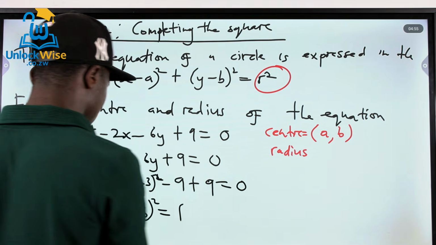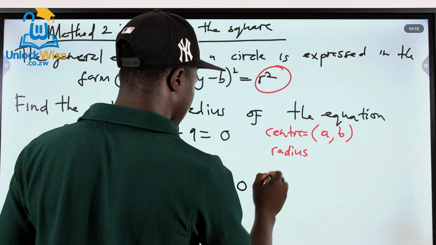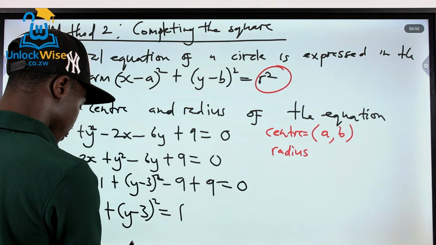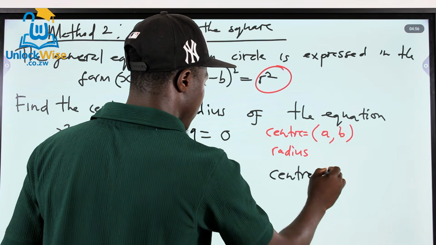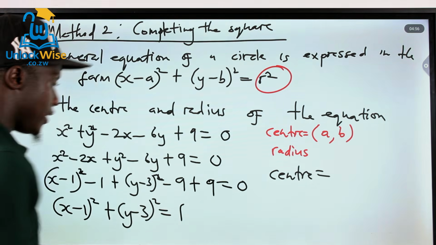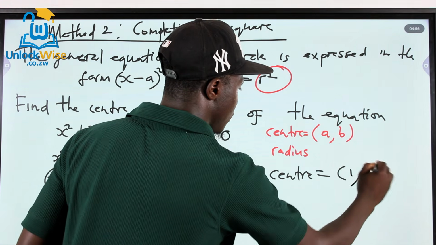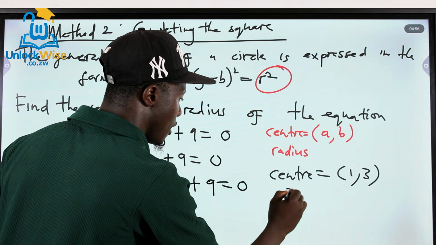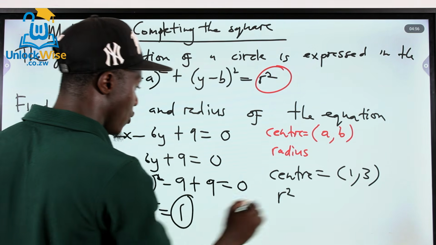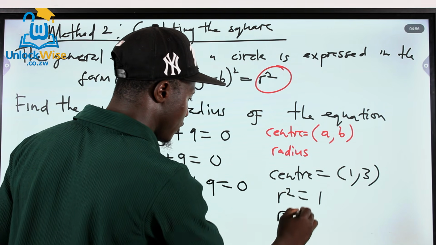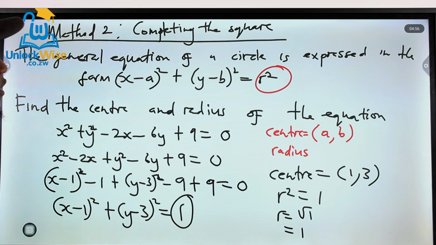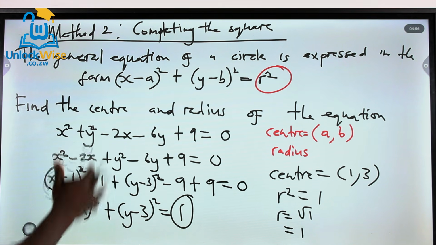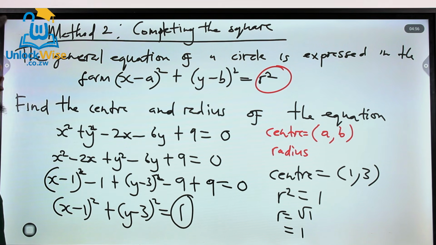By comparing the equation, my center here is (1, 3), and r squared is equal to 1. So r is equal to the square root of 1, which is equal to 1. Now this marks the end of circles, whereby we are finding the center and radius.